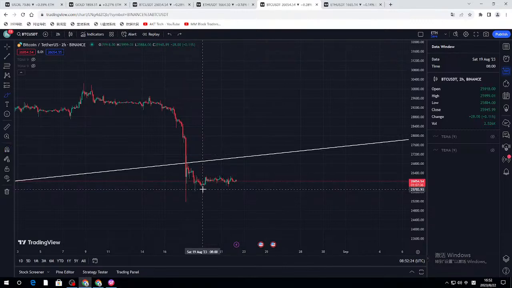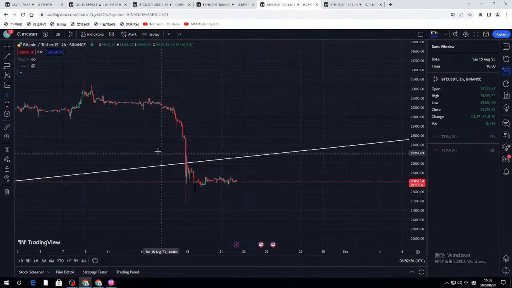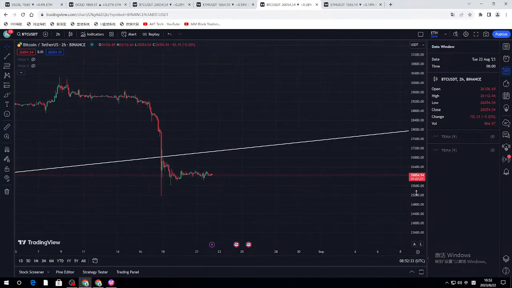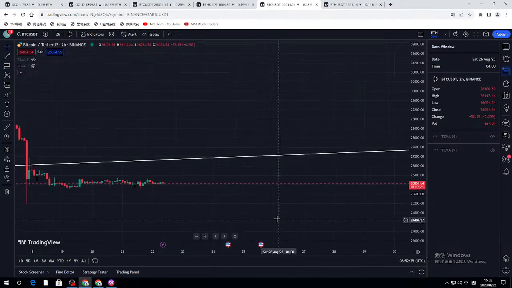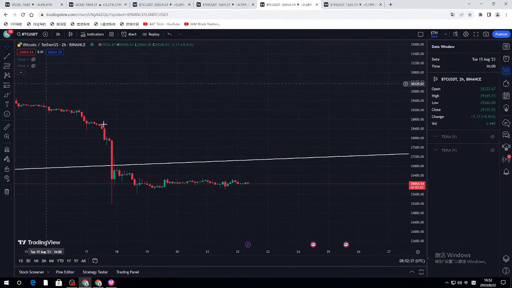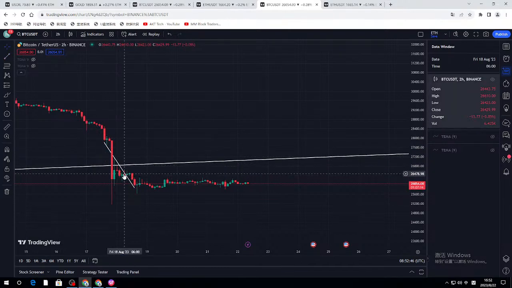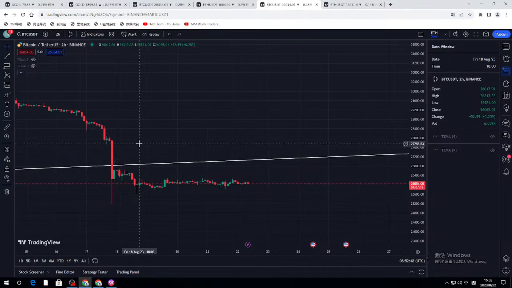On top of that, if you zoom into the 2-hour Bitcoin chart over the last couple of days, as you can see right here, it is going down, but actually we have a divergence play out just recently in August.